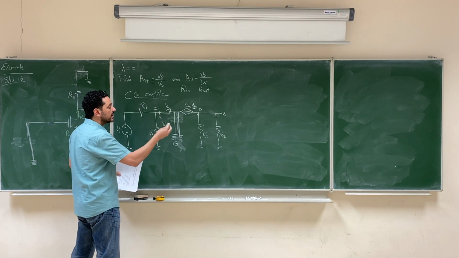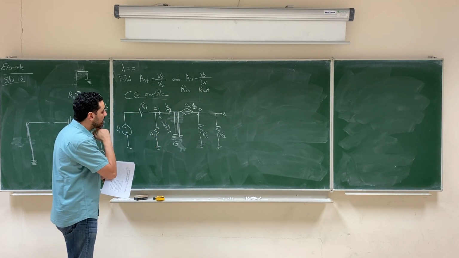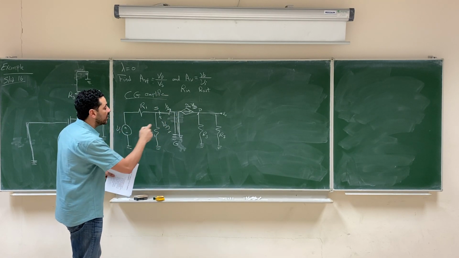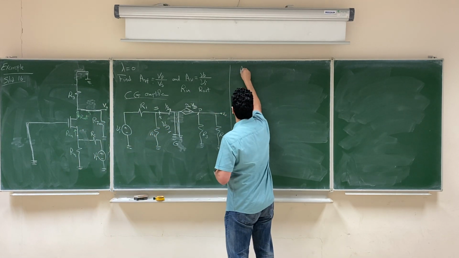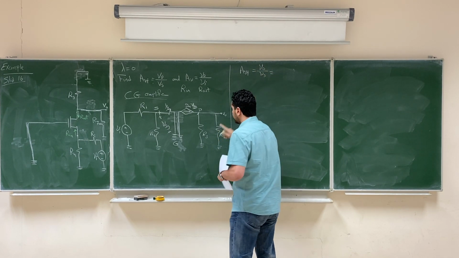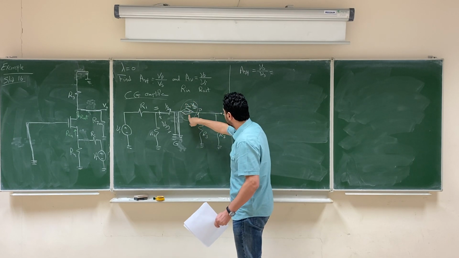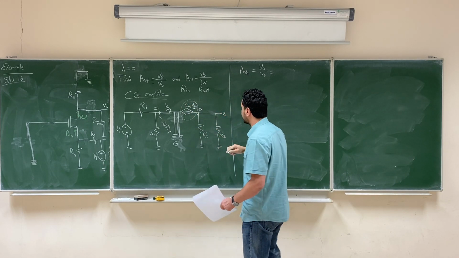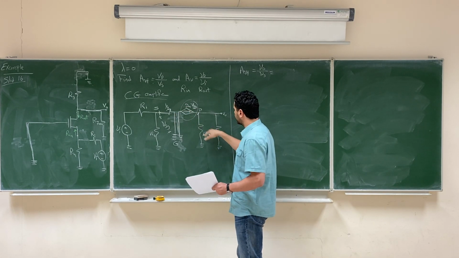Now, let's calculate the gain. First, we need the gain between Vout and Vs. So we need the terminal gain between Vout and Vs. Vout equals what? Vout equals this current multiplied by these two parallel resistors, right? Because you have a current here, it will go through these two resistors.